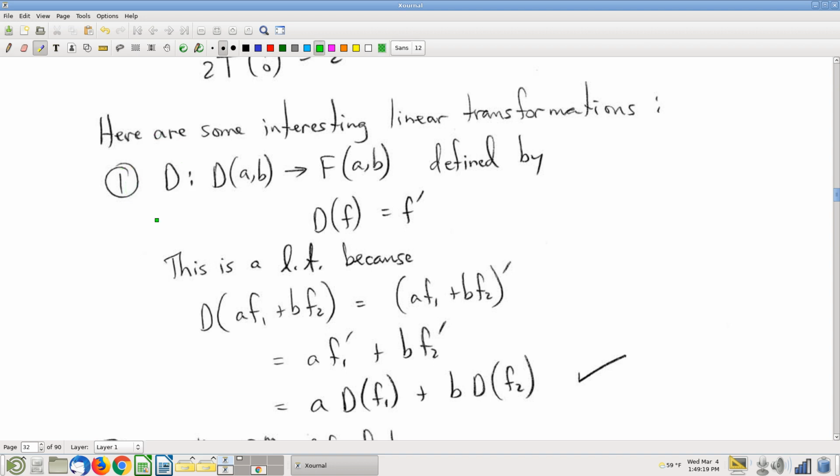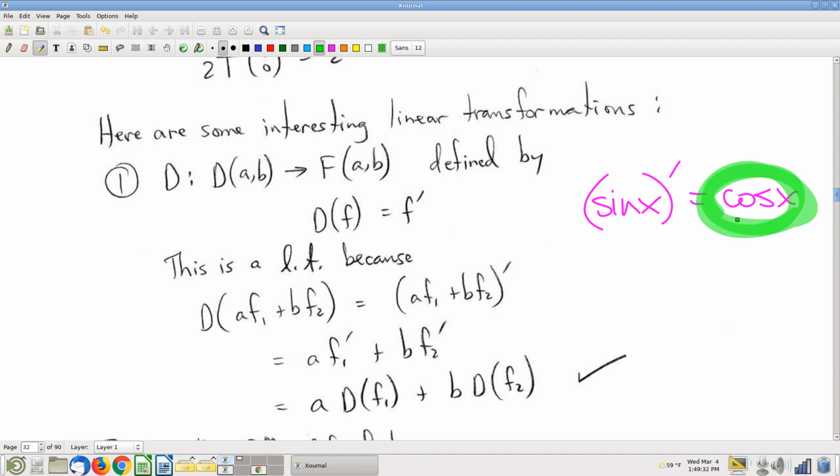We learned way long ago, for example, that the derivative of sine x is cosine x. This then is the derivative, and that is obviously not linear. So what gives? If you say derivatives are linear, surely not.